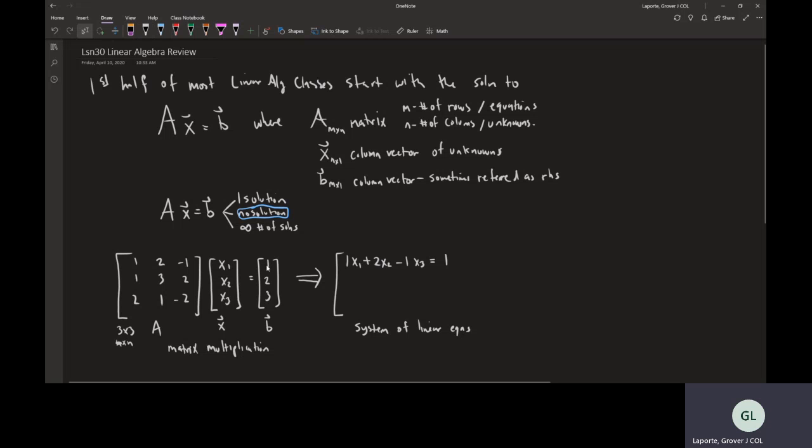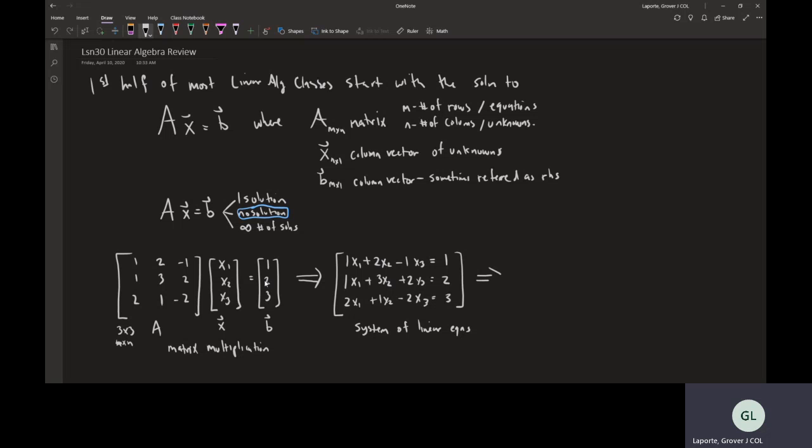And we do the same thing with the next row: 1x1 plus 3x2 plus 2x3 is equal to 2. And then the last one, then you would have a system of linear equations, and that's okay.